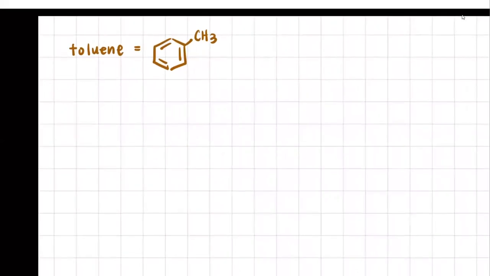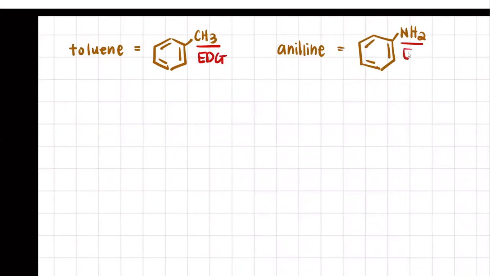Whereas aniline is aminobenzene. So both of these are EDG. This is EDG, correct? So this one also EDG. So both are EDG.